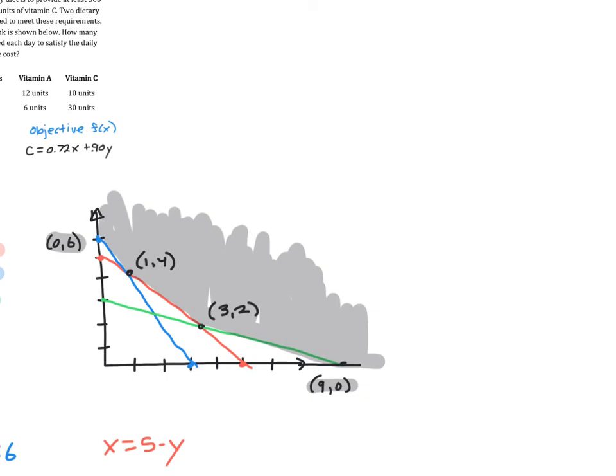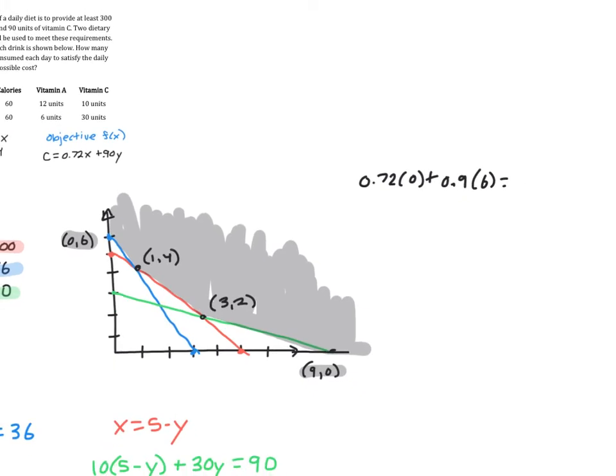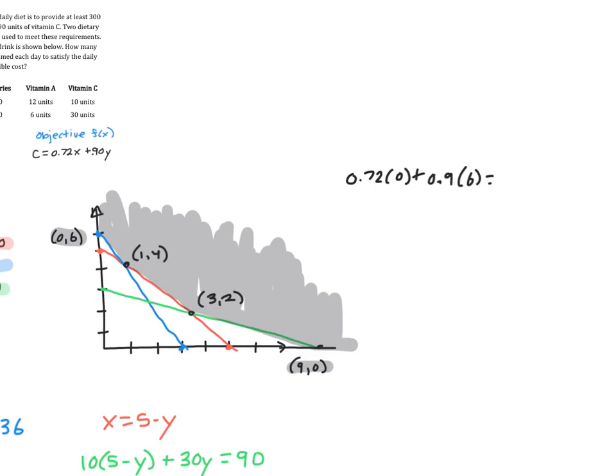So we could say 0.72 times 0 plus 0.9 times 6, and that will give us a cost of $5.40. Let's plug in our next coordinate at 1, 4, giving us a cost of $4.32.